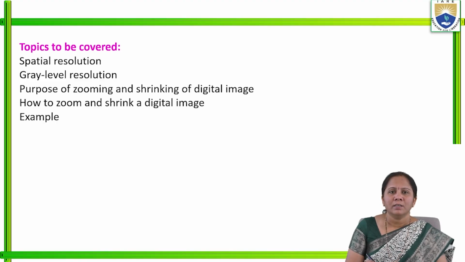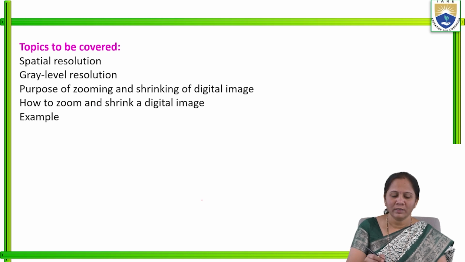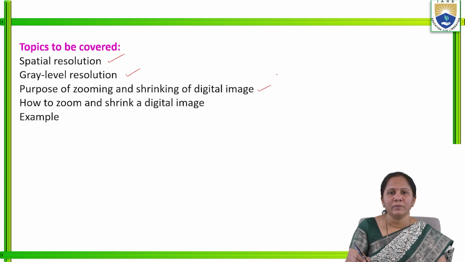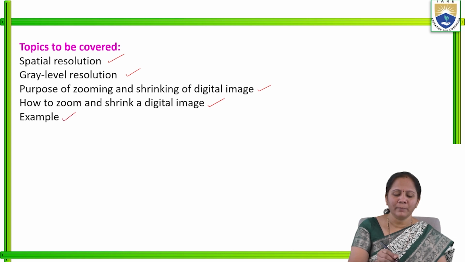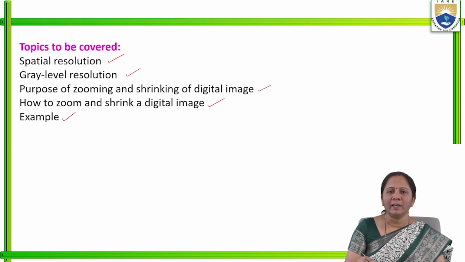The topics we are going to discuss are: what is spatial resolution, what is gray level resolution, what is the purpose of applying different concepts like zooming and shrinking of digital images, and what procedures we can apply in order to zoom and shrink digital images. We will also see one example applying different methods and how to zoom the image.